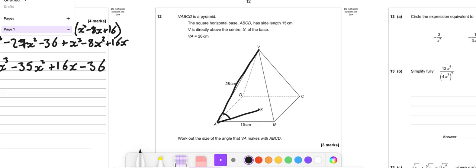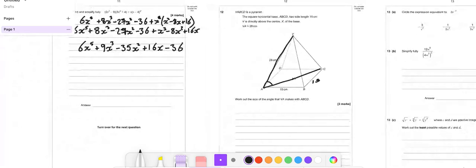So we need to work out the length AX, and then we're all good because we've got the diagonal length there. So the length AX, well, if this is 15 and this is 15, we can work out the length AC.